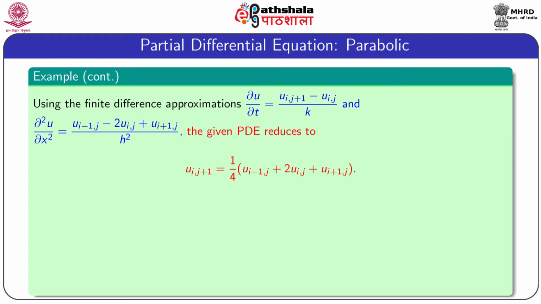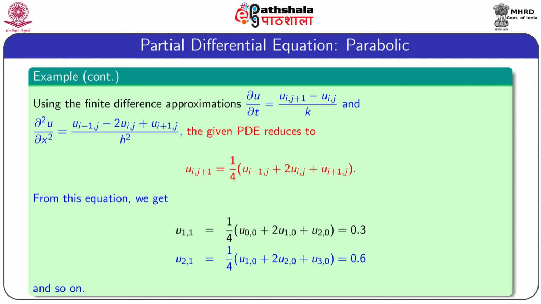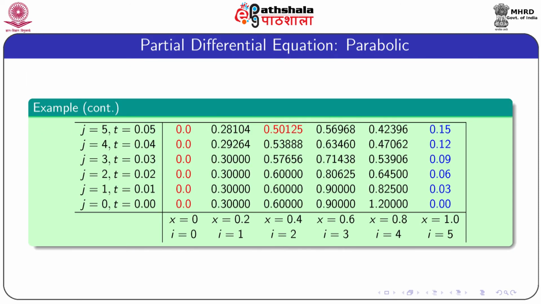So, this equation gives the values of u for different values of i and j. From this equation we get u11 equal to 0.3, u21 equal to 0.6 and so on. So, using this technique we fill up the entire table. That means this table gives the values of u for different values of x and t.